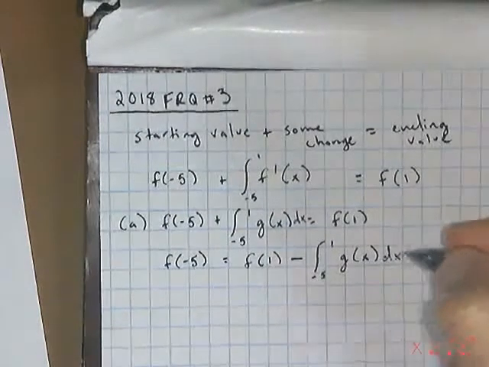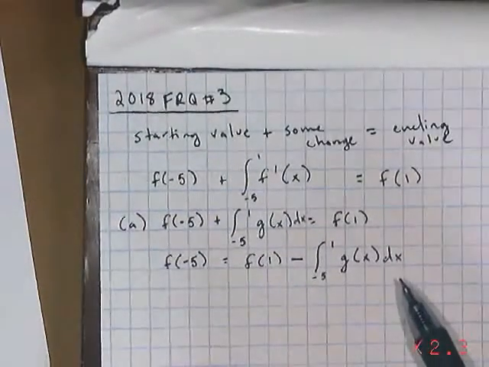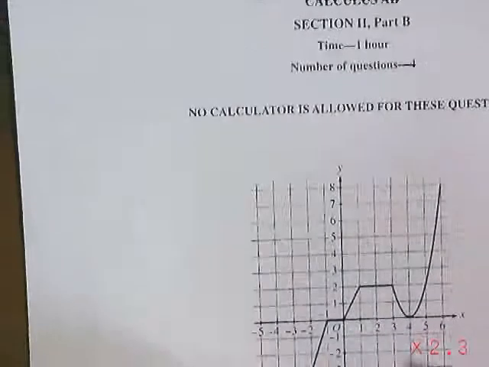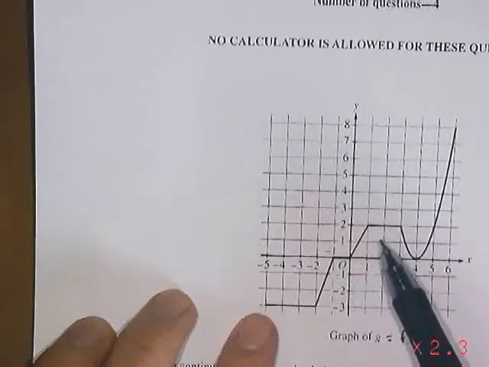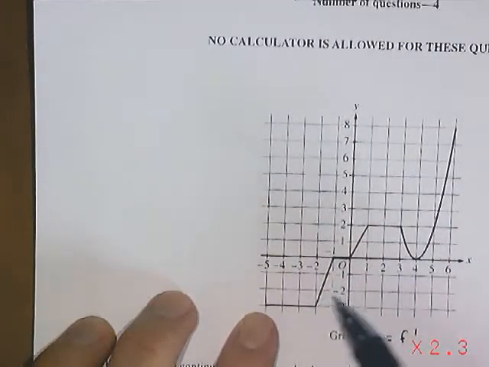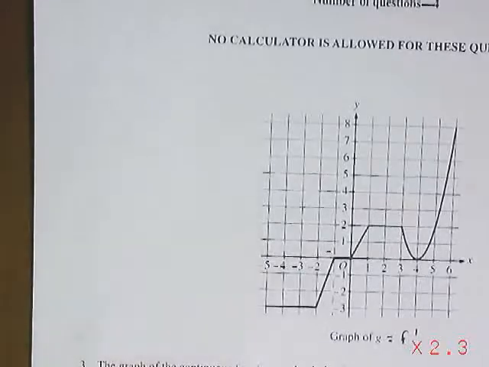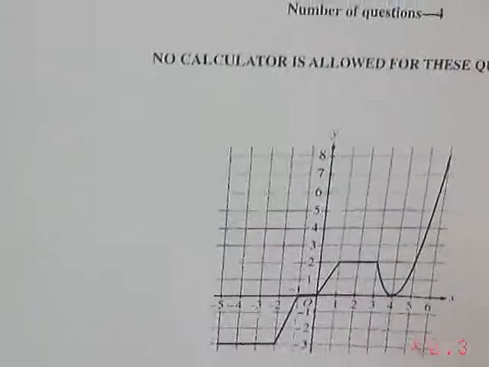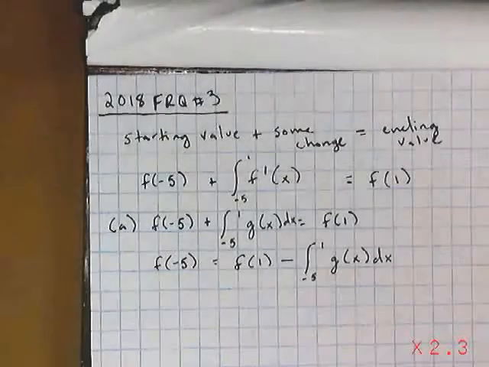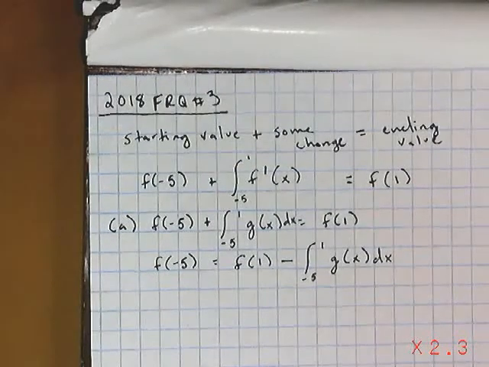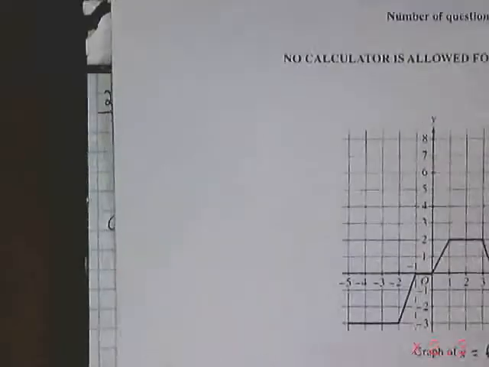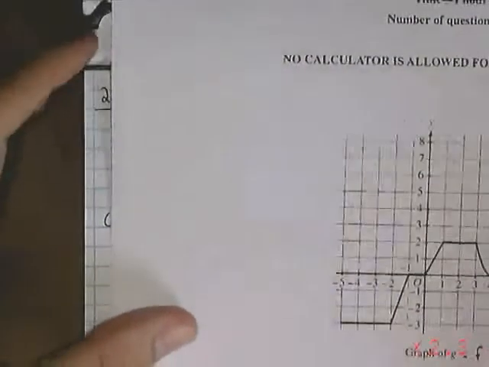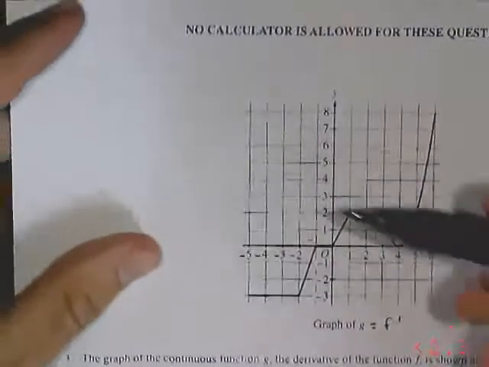If we look at our graph of g from -5 to 1, these are geometric problems all day. So let's just go through and figure out what each of these parts of our integral are going to be.